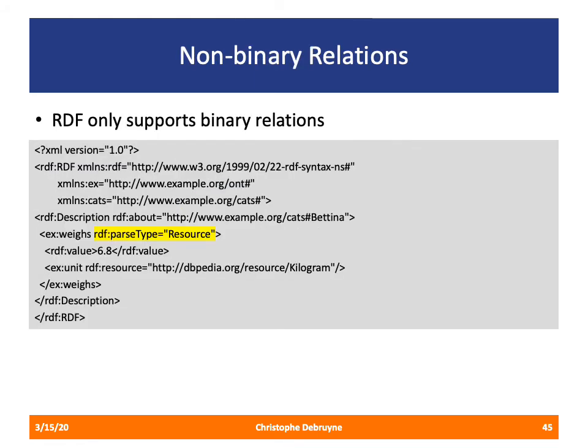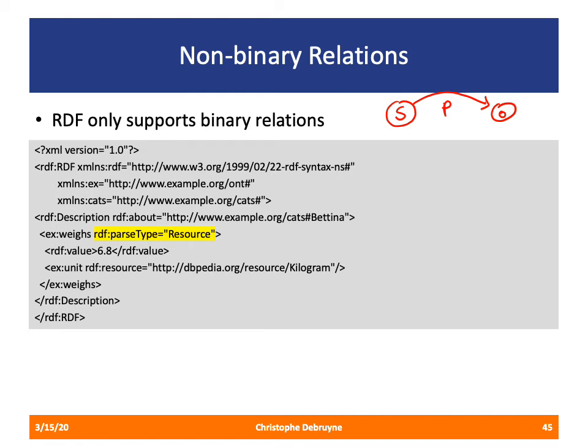One limitation of RDF is that it only supports binary relationships, being a relationship between a subject and an object via a property. What if we want to model ternary relationships, or we want to add weights or confidence intervals to properties?